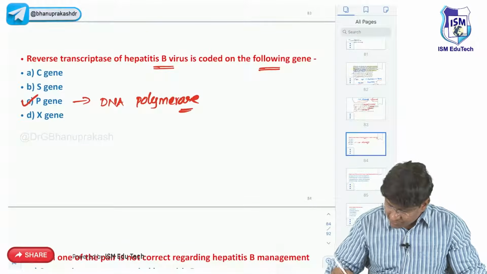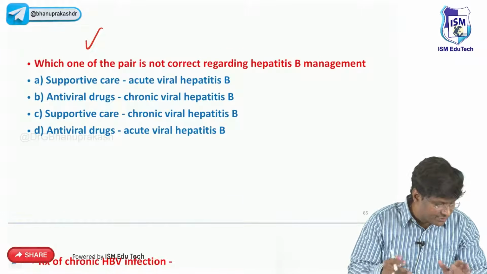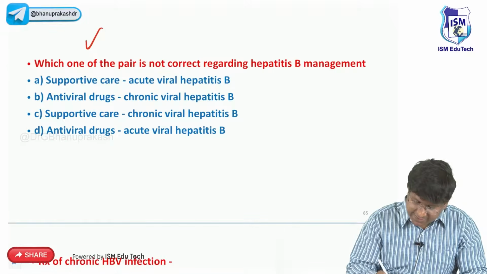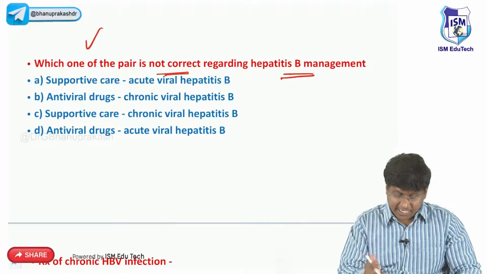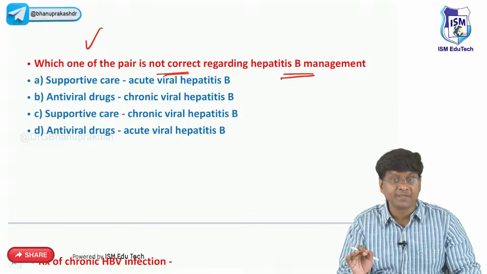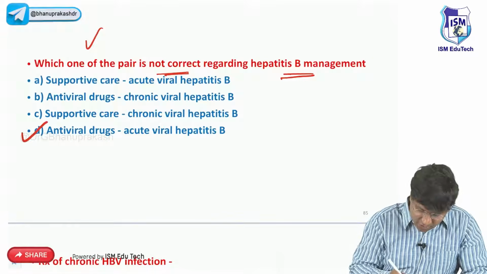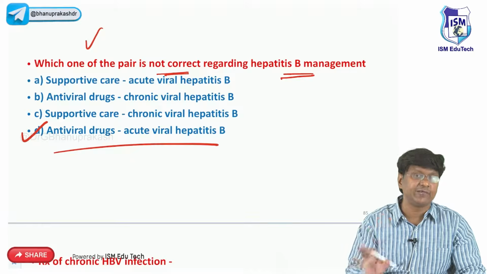Now you see the questions related to the treatment. Which one of the following pairs is not correct regarding hepatitis B management? Supportive care, acute viral hepatitis B; antiviral drug, chronic viral hepatitis B; supportive care, chronic viral hepatitis B; antiviral drugs, acute viral hepatitis B. Remember, in acute viral hepatitis B there is no role of antiviral drugs.